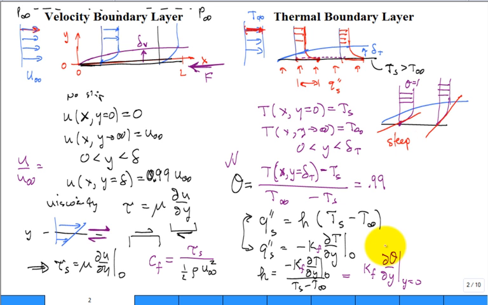So this will be greater, larger, near the leading edge. Hence, I have a larger H. I have a larger convection coefficient. Just like you have the steepness of the gradient there, and it's steeper. It's a more rapid change of velocity as I move into the fluid close to the leading edge. Hence, I have a greater shear stress at the surface.